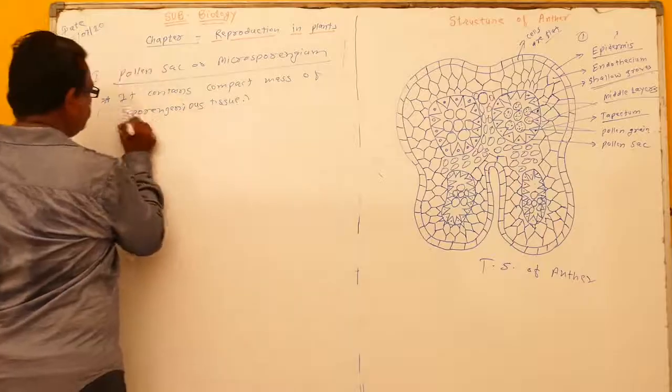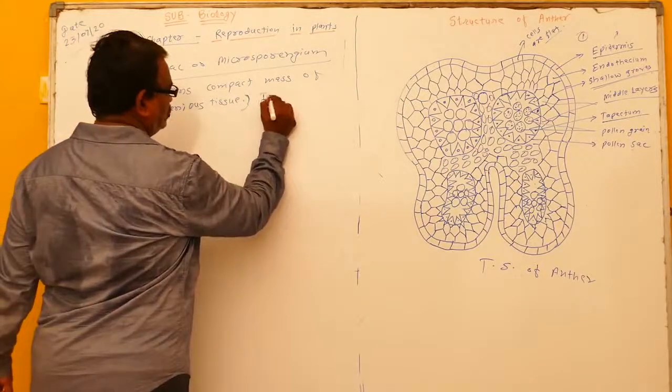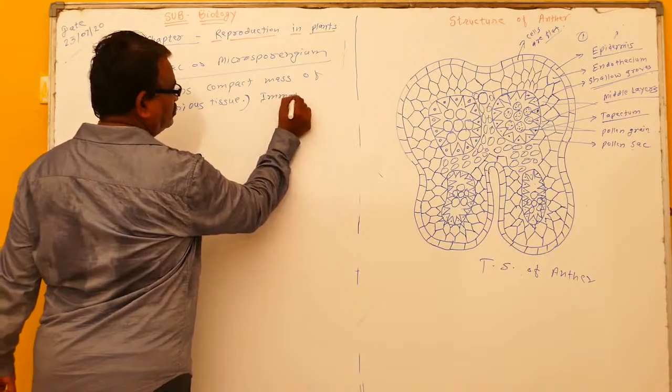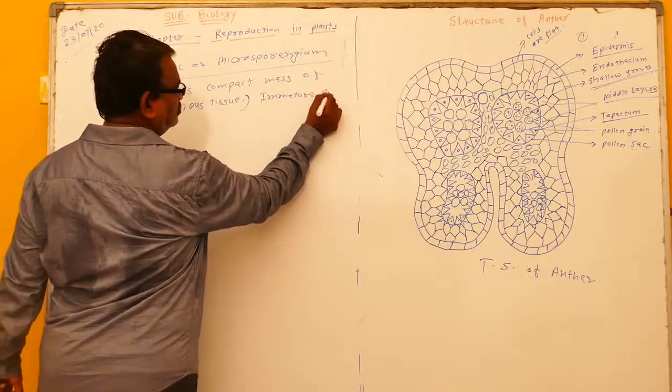This sporangenous tissue is in the immature anther.